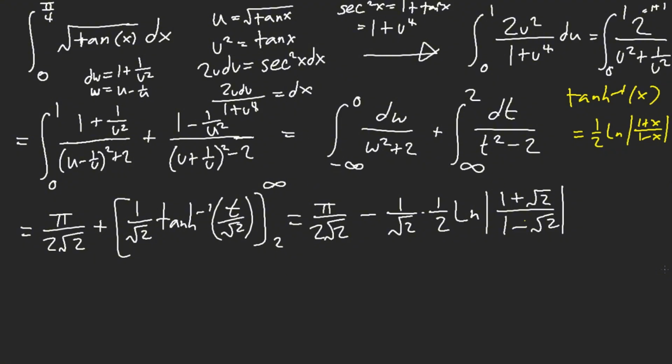Okay, now that we know that, as you can see, 1 minus root 2 is a negative. This is where the complex number comes from, because ln of a negative number is complex.